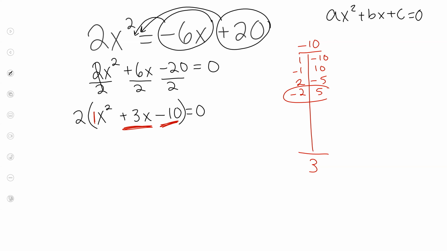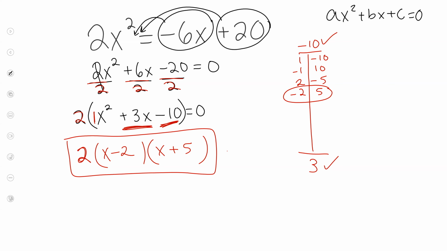These 2 numbers multiply to negative 10, but add to 3. So those are my two numbers. X minus 2 and x plus 5. Do not forget the 2 on the outside. If we divided by 2's in the beginning, a 2 needs to be on the outside. So guys, these are my factors.